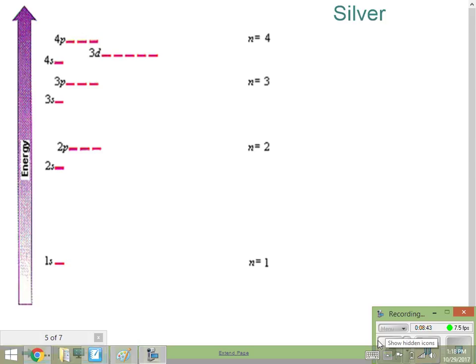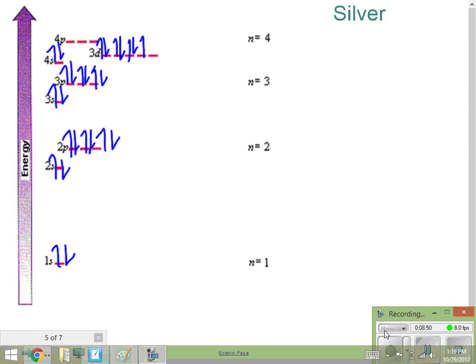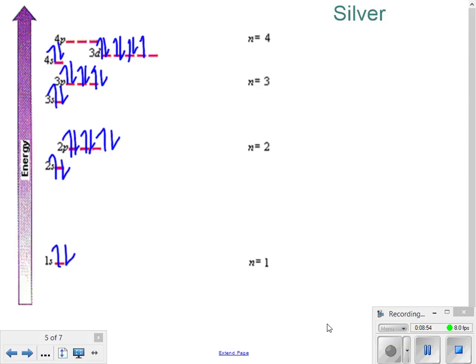Okay, so now if we look at silver, the orbital diagram of silver, go ahead and draw that one out for silver. So if you got something like this, this would be the normal, regular baby chem thinking of electron configuration and orbital diagrams for silver, where we would have 4s2 and 3d9. However, we now know that the orbitals that are half-filled tend to be more stable than not half-filled.